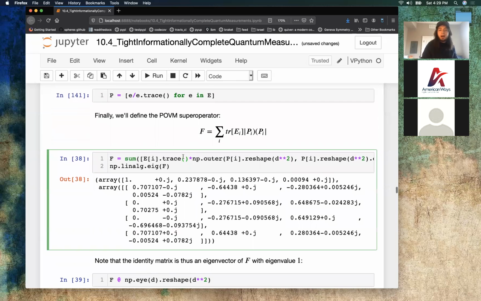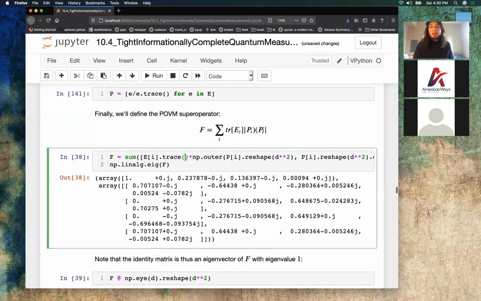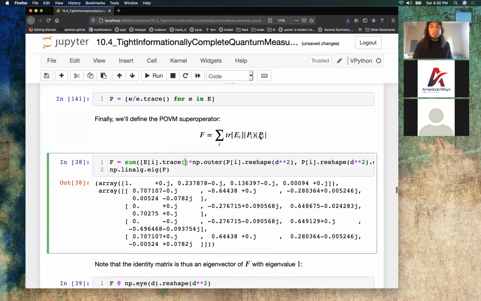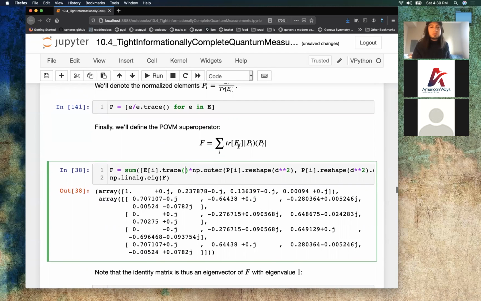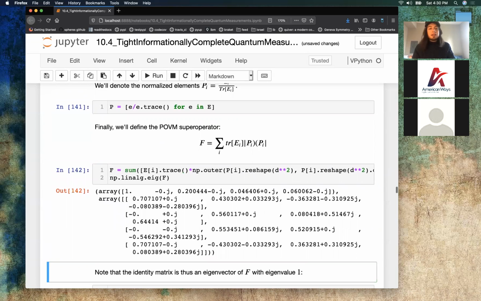And then we'll define the POVM superoperator like this. It's basically the frame superoperator we're talking about, but we're being a little more careful about the normalization. So here we have the outer product of the vectorized versions of the normalized elements, the PIs, and we weight that by the trace of the original EI. Why do we do that?